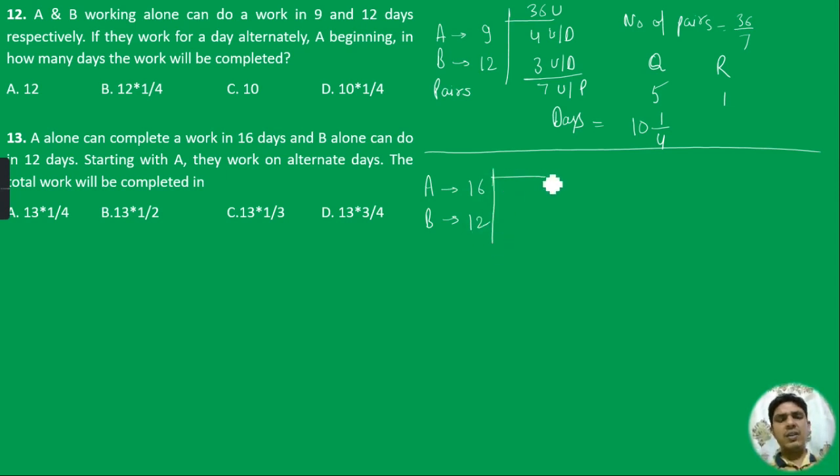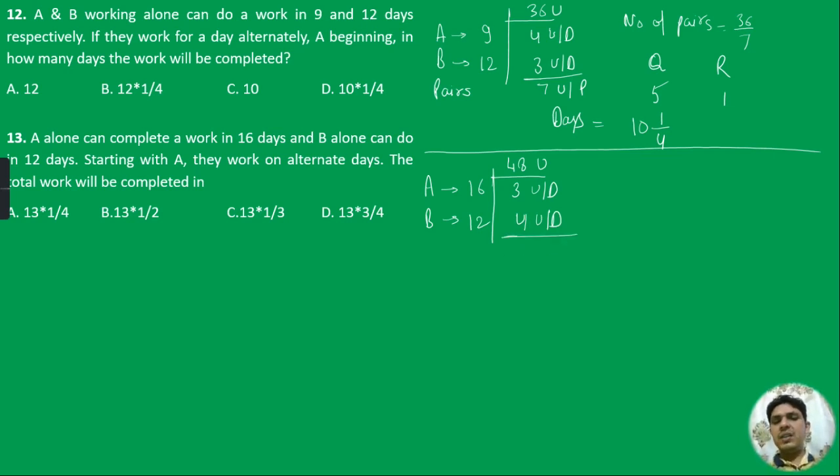Starting with A, if they work on alternate days, the total work will be completed in how many days? So students, first of all, let us take the LCM of 16 and 12. This will be 48 units. Now work done by A in one day will be 3 units per day. And one day work of B will be 48 divided by 12, that is 4 units per day.